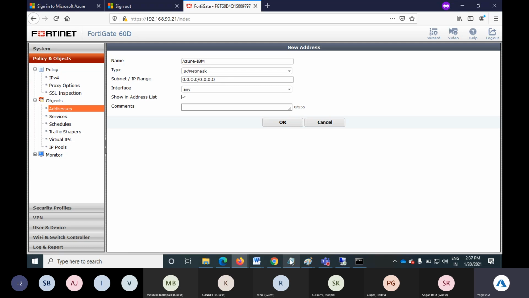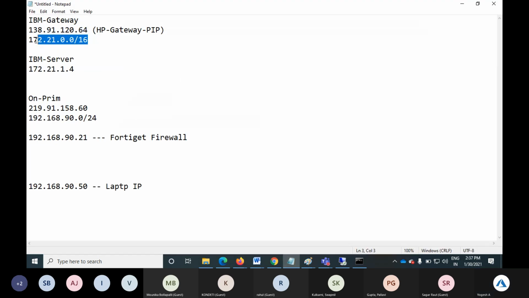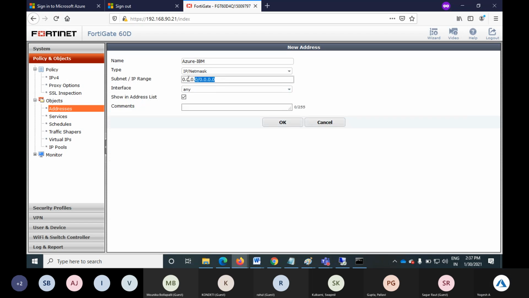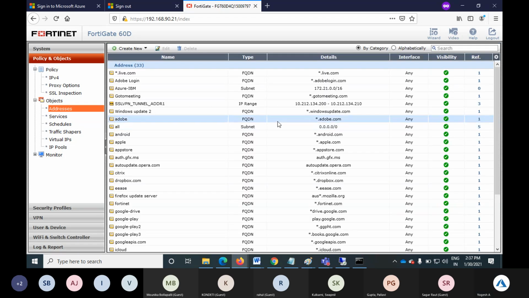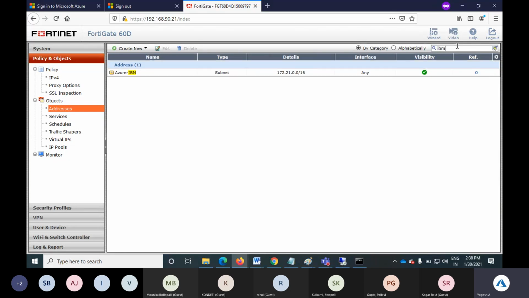We are using the local address as 172.21.0.0/16. Okay, so this is my IBM Azure VNet, which we have created here with the destination details.